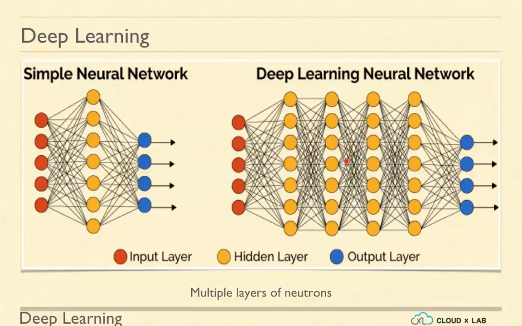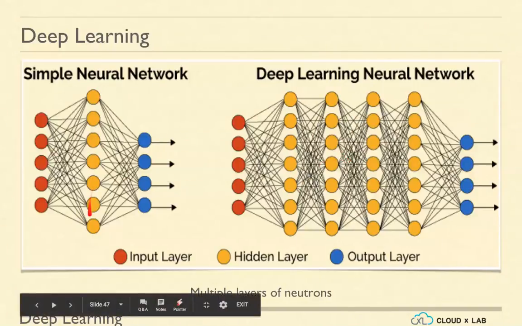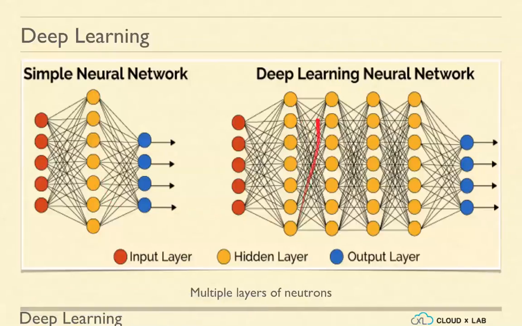In deep learning neural networks, you generally have this middle layer, which is called a hidden layer. In deep learning there are many more hidden layers. This is where the term deep learning comes from, because it has multiple layers of learning.